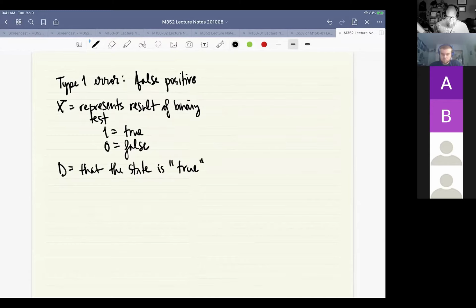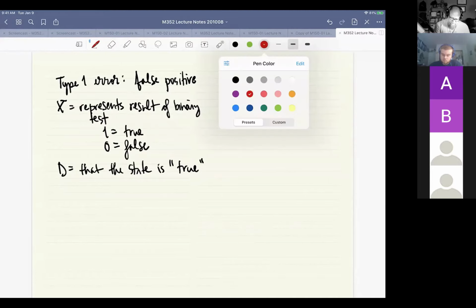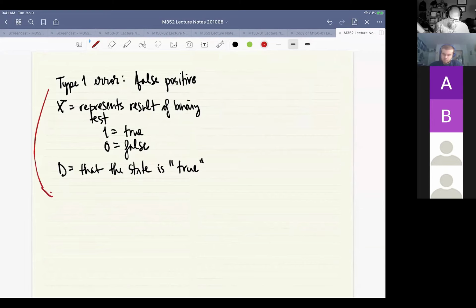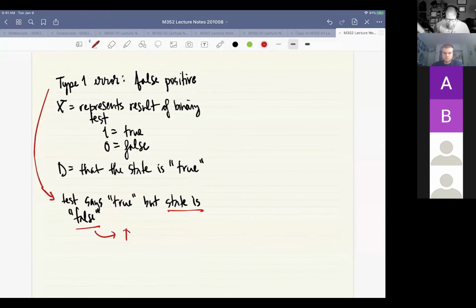Okay, so what's a type 1 error? A type 1 error is where your test gives a false positive. Test says yes, or test says true, but the state is false. So the state is false. That would be D complement, right?